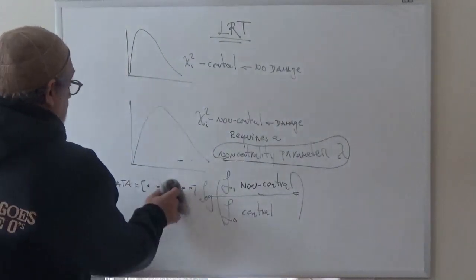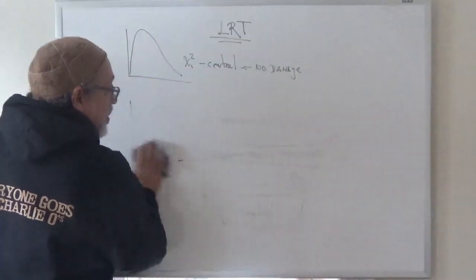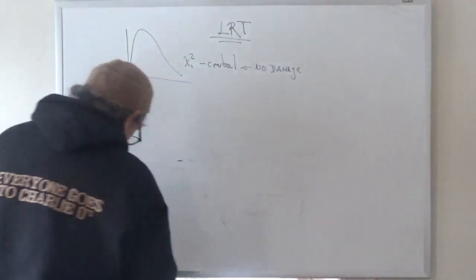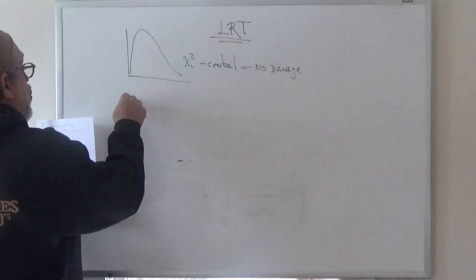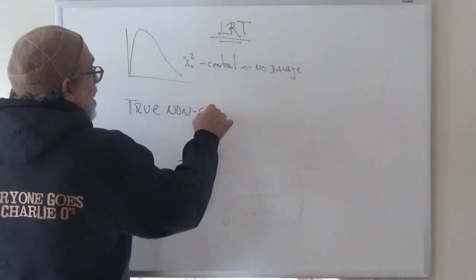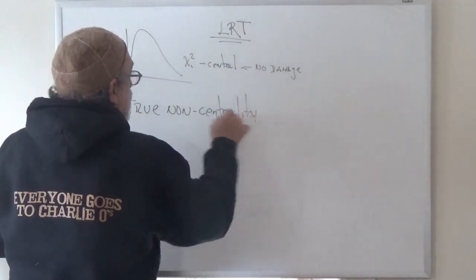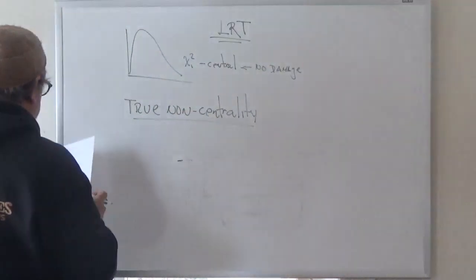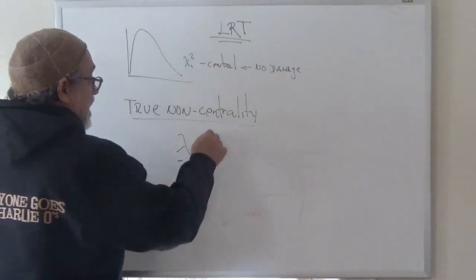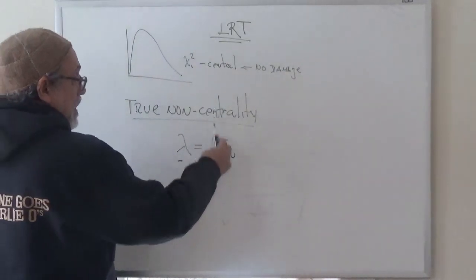But I want to make the point here, at least to bring out the correction, because I didn't write this correctly last time for you guys, I don't think. What is the true non-centrality? It's not that we can calculate it, but it is appropriate to know that if you go through the derivation, you will find that the true non-centrality parameter is the mean of the undamaged distribution, that's a vector, right?